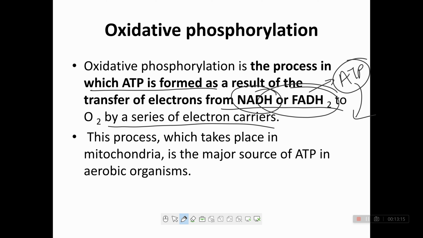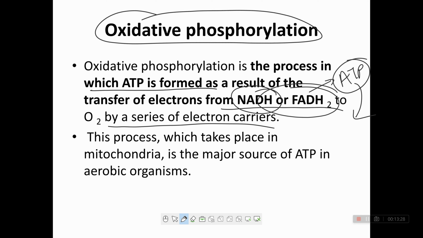Then ATP is utilized by our body. Where does oxidative phosphorylation take place? It takes place in the mitochondria.